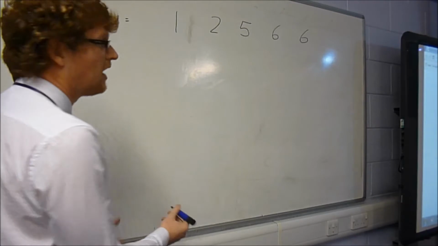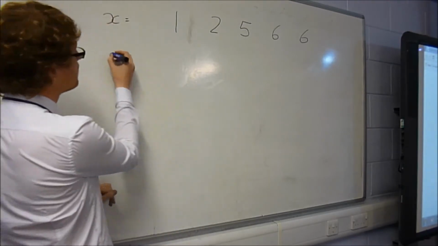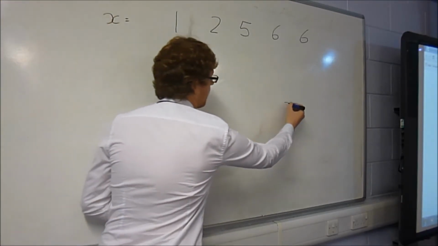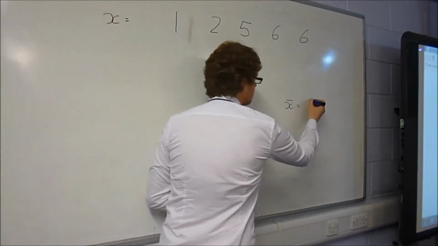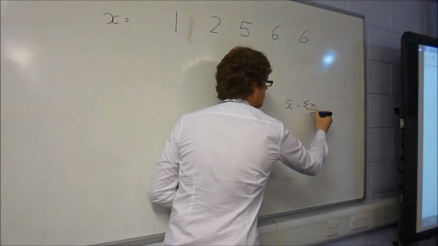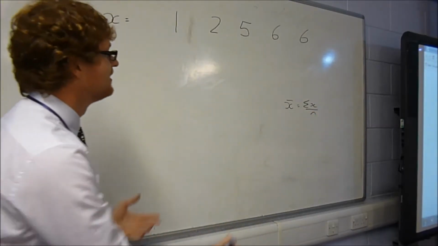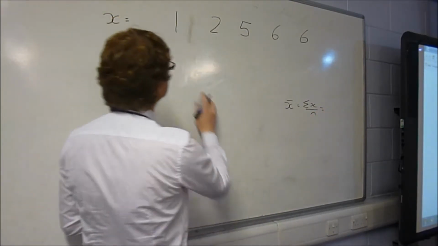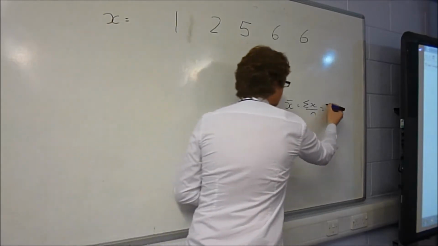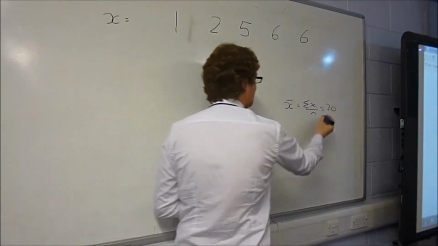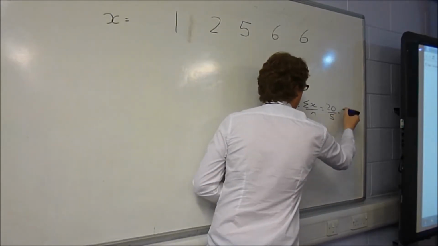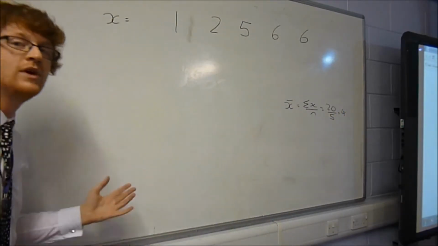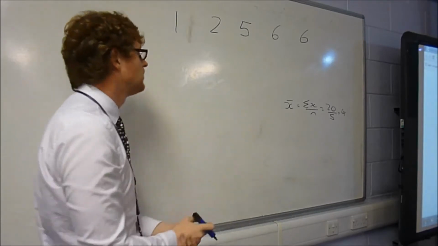If I want to find the mean, x bar, I want to do the sum of x divided by the number of items. That's 20, divided by 5, which gives me an x bar of 4. We know the mean, we've done it with other things as well.